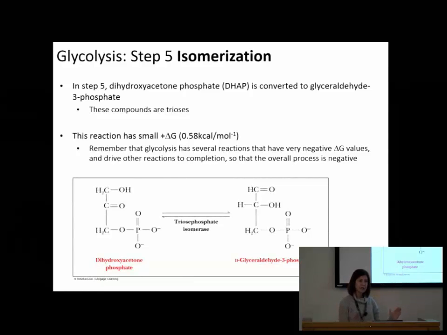And this is what's happening here. There's a slight uphill going from the reactant to product, but because downstream and upstream there are waterfalls going down, a lot of free energy release, this one still goes.